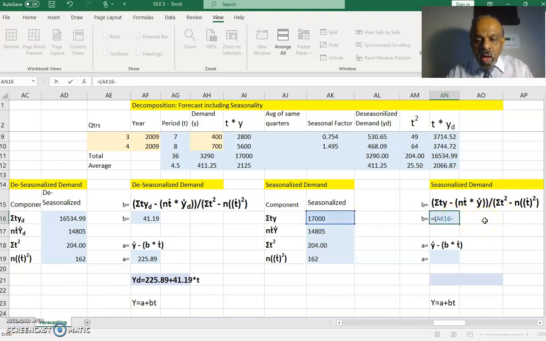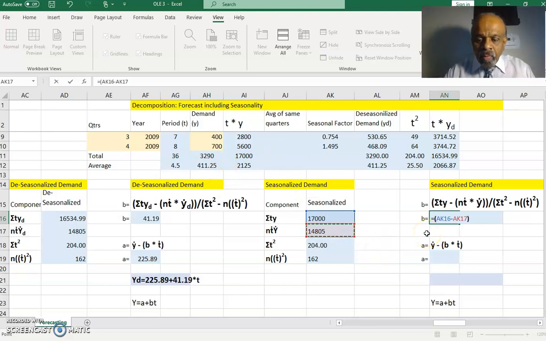So 17,000 minus N times T average times Y average, which is 14,805. This 14,805 we got as 8 times T average, which is 4.5, times Y average, which is 411.25.